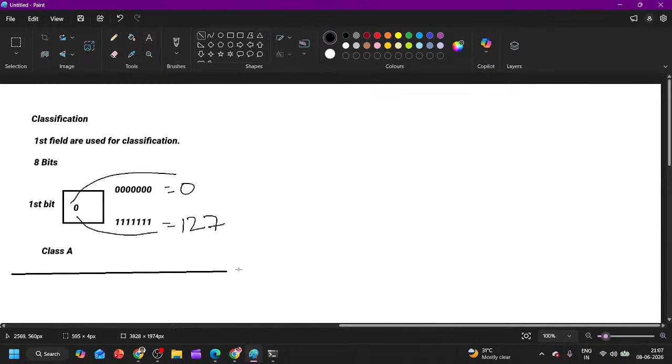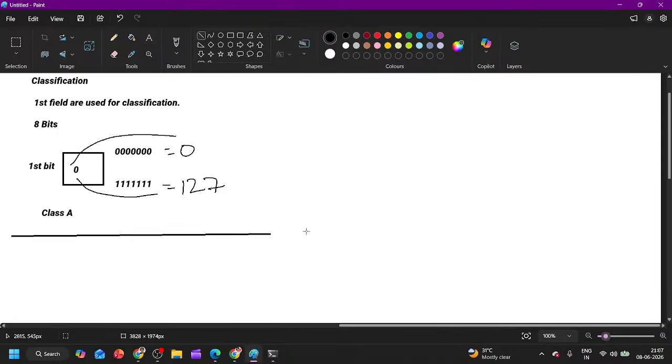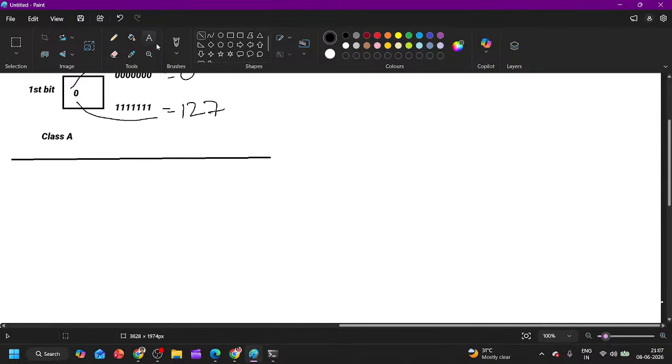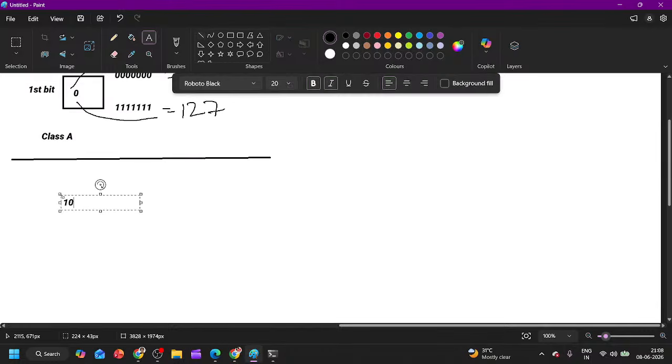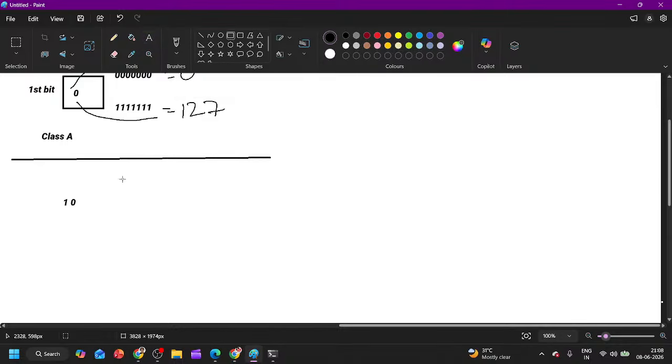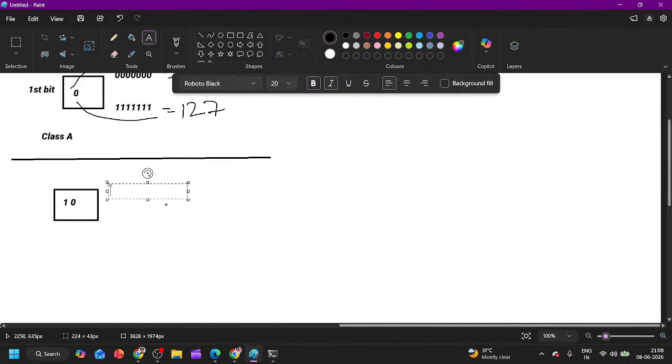Similarly, for class B, we have reserved 2 bits. The first bit will always be 1 and the second bit will always be 0. So how many free bits are there? 6. The minimum value will be when all the 6 bits are 0 and the maximum value when all the 6 bits are 1.